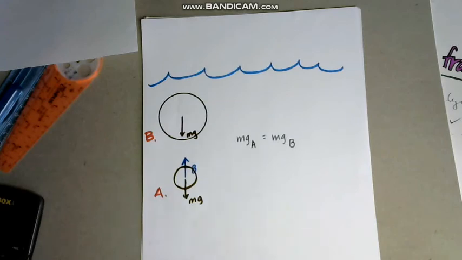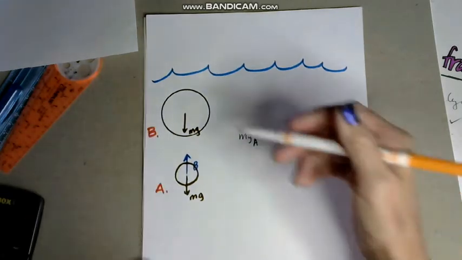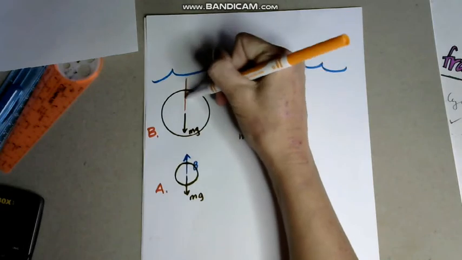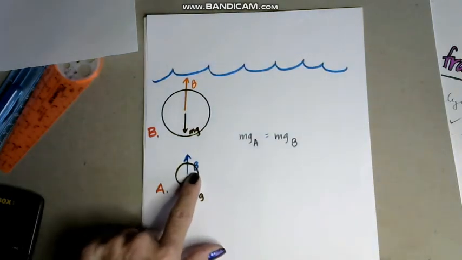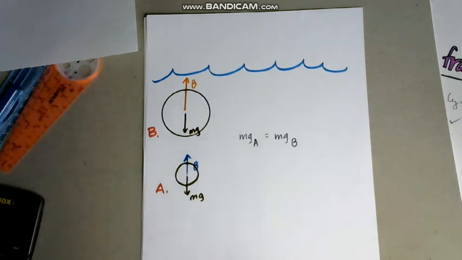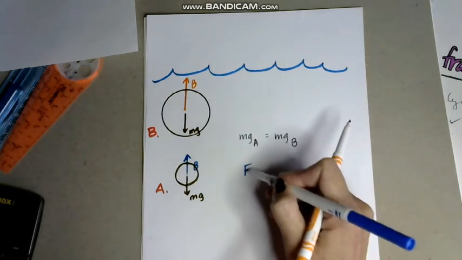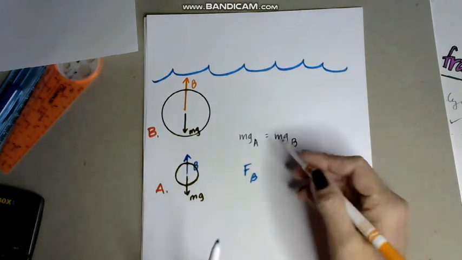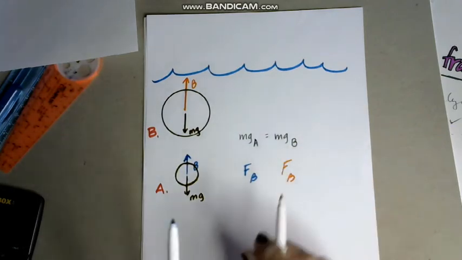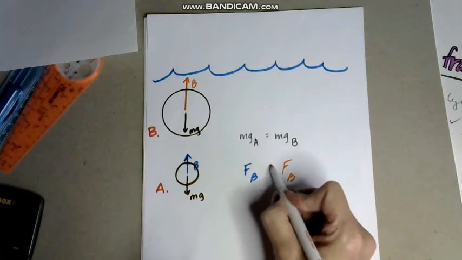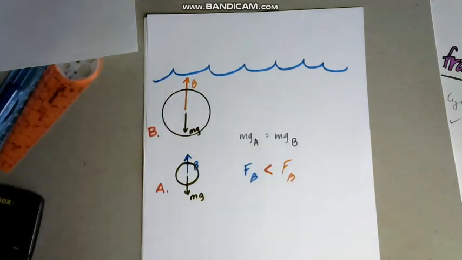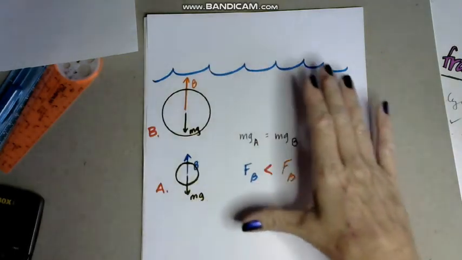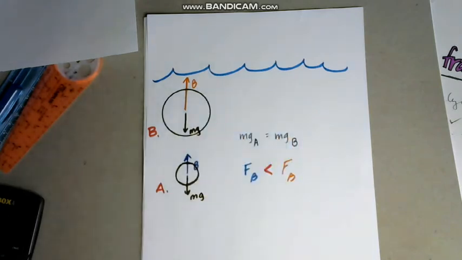And we just said in the previous question, the buoyancy force on this one is higher than the buoyancy force on that one. So I'll go ahead and say the buoyancy force, and then the buoyancy force. They are not equal, it is less. The buoyancy force is related to the volume of the substance that is displaced.